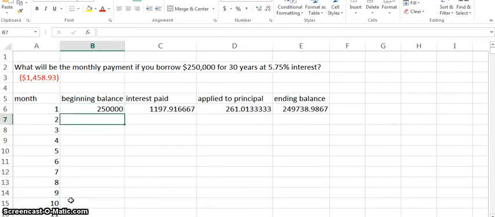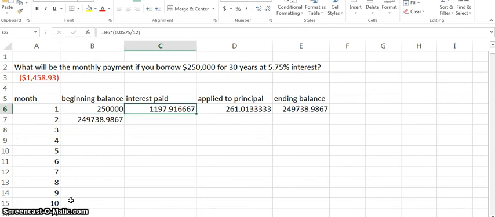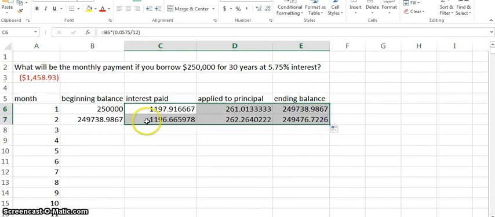Now what we're going to do is say the beginning balance equals the ending balance for last month. And now let's see what happens if we take these three and copy them down.